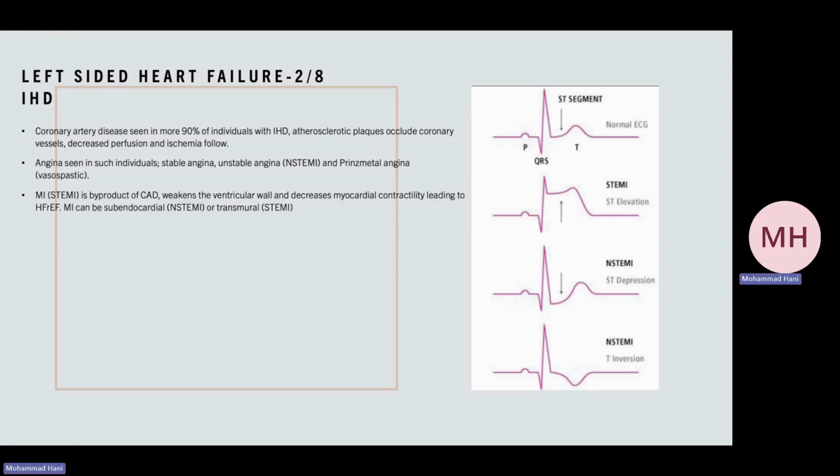Myocardial infarction is a byproduct of coronary artery disease and can weaken the ventricular wall, decrease myocardial contractility, and lead to heart failure with reduced ejection fraction. The MIs can be subendocardial or transmural. Subendocardial basically refers to only a small portion of the myocardial wall being infarcted, and this results in an NSTEMI.